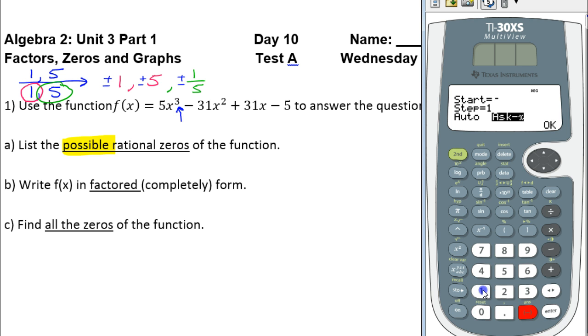I always start at negative 10 because it rarely goes past that. Just leave it in auto. So I'm just going to scroll down looking for 0 on the y side.